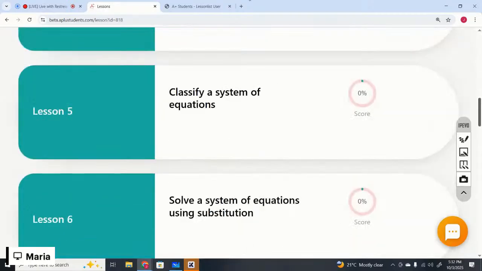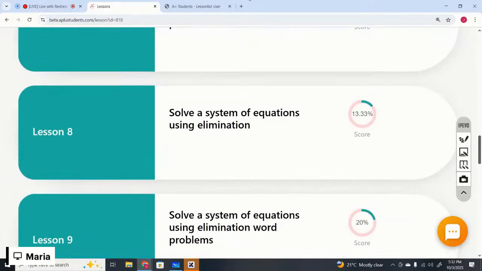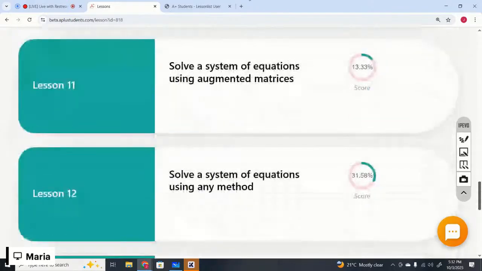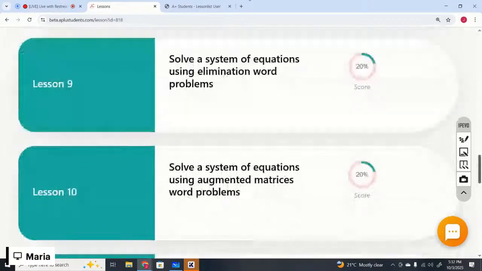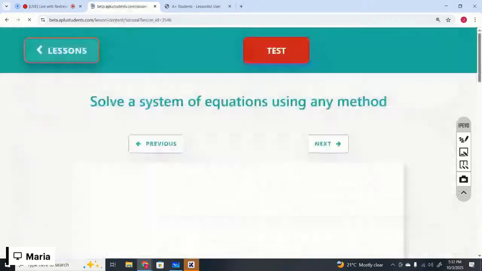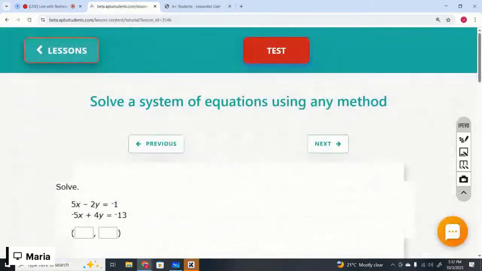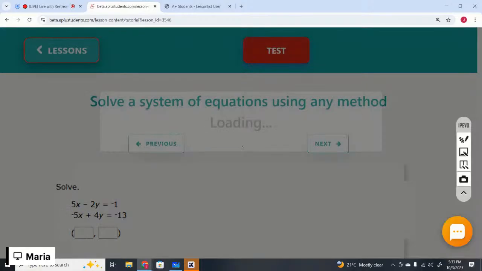The next lesson is solve a system of equations using any method. So whatever method you find easy, you can use. Okay, I'm going to start with the test question.